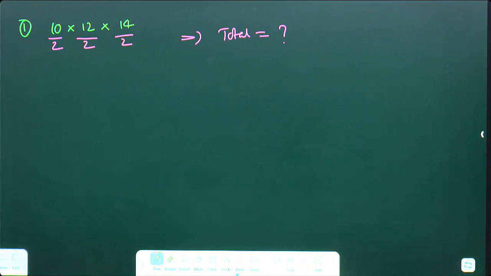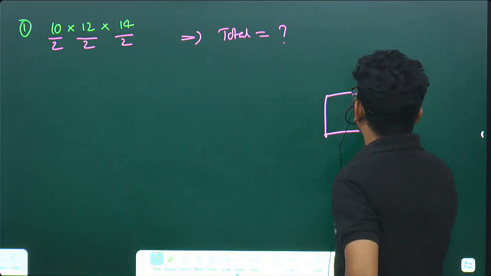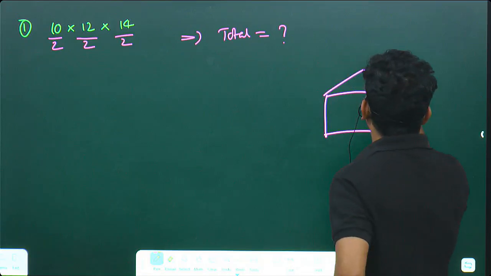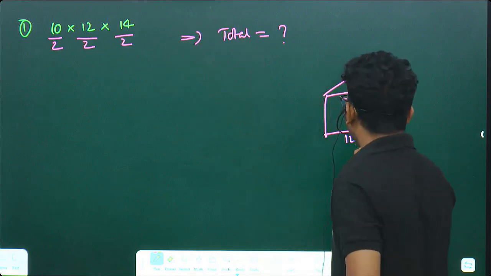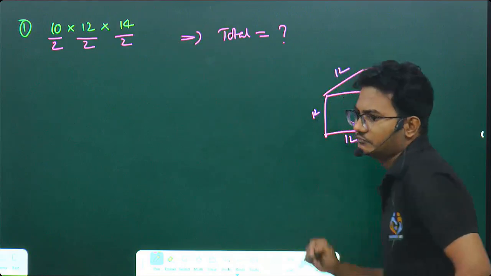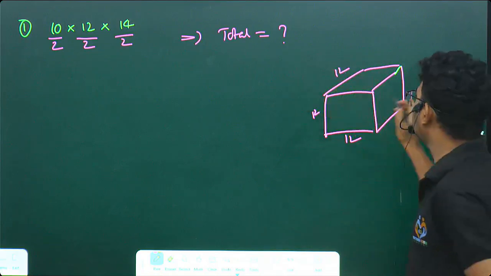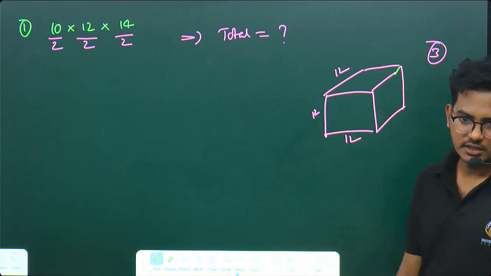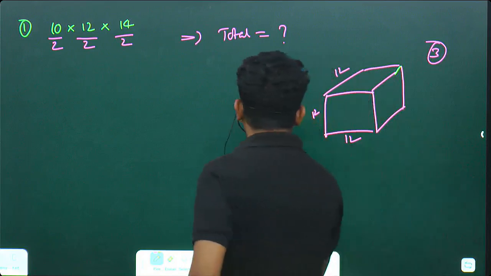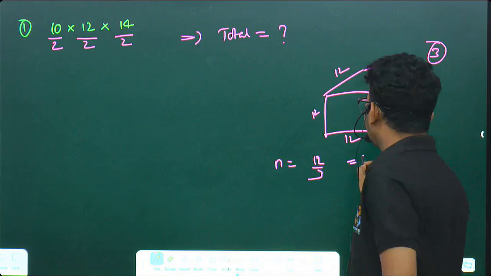Done, everyone? So let me explain the concept here. Let's say I have given you a cube of length, let's assume, 12. If I ask you to cut this cube into small cubes of length 3 centimeters, here you will find only n, which is 12 upon 3, and you will get 4.